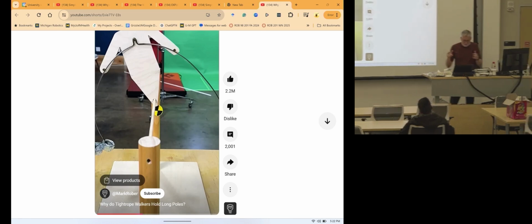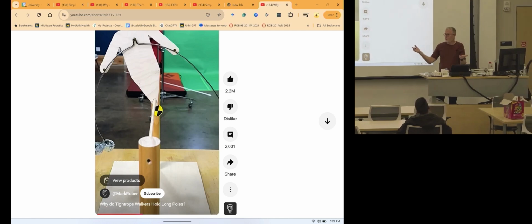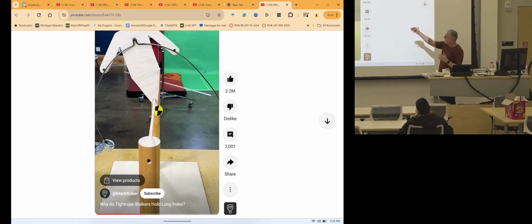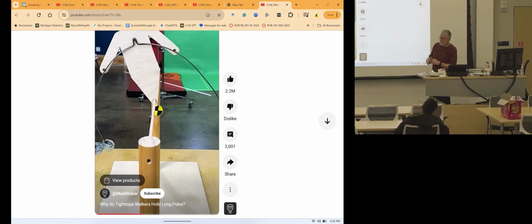Okay? But here, what this is showing, the importance, we were looking at center of mass as this thing that is basically important for static balance, okay? Here it's showing it also contributes to understanding whether something can be dynamically balanced as well. And this object, okay, when the center of mass is low, it's trying to right itself.